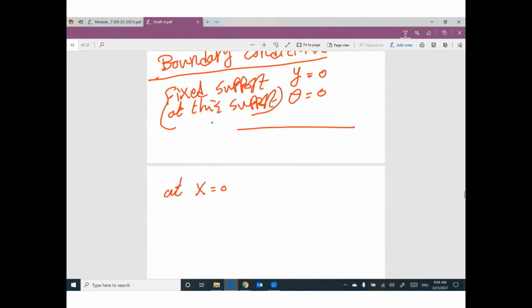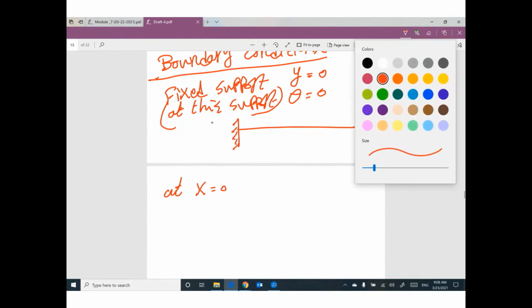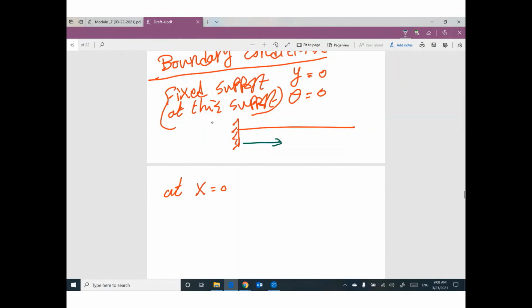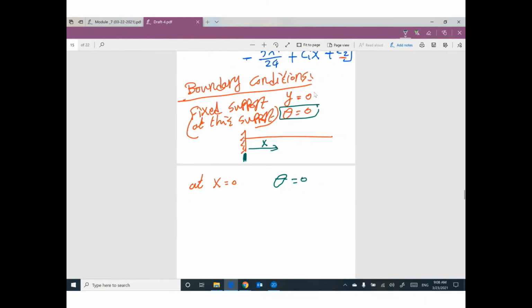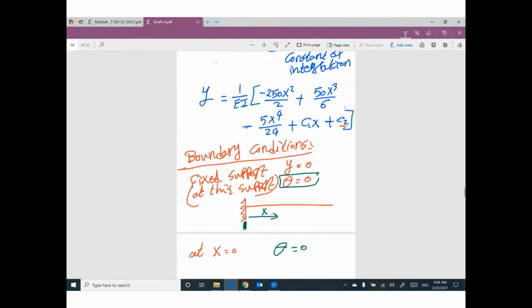Remember, here is the beam, here is the fixed support, and we are measuring distance x like this. So at this fixed support, what is the value of x? 0. At x equals 0, theta equals 0. That makes sense?